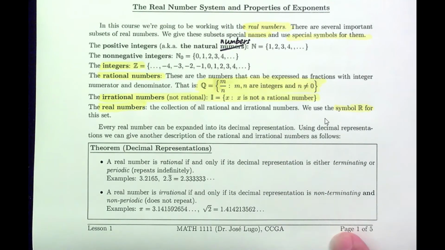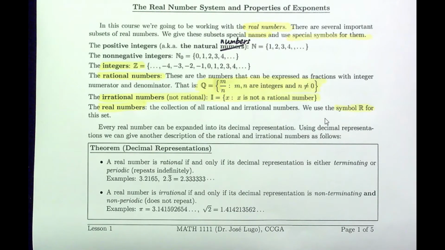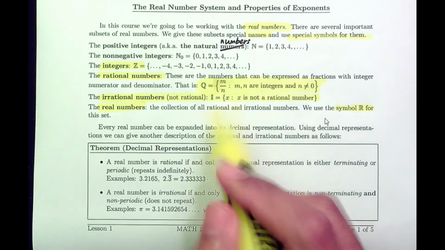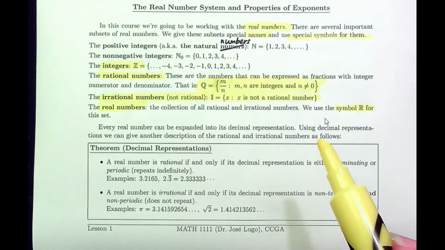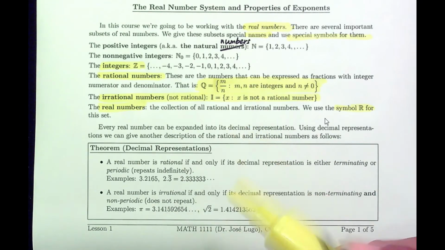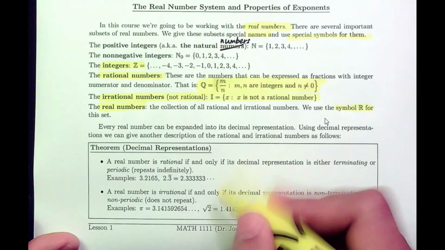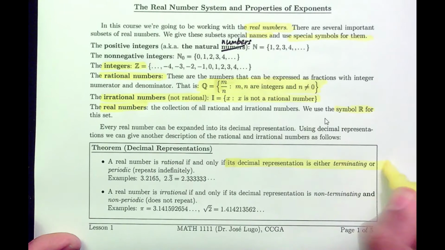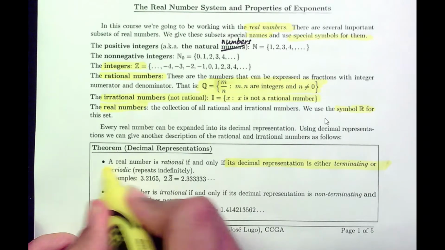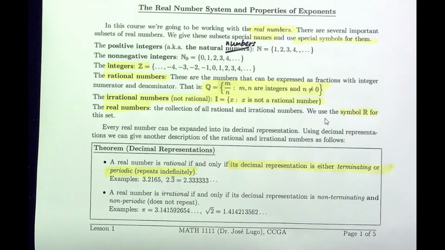Now, a quick reminder that the rational numbers are not only the ones that can be written as a fraction m over n, where both the top and the bottom are integers and the bottom is not zero, but there's another way of defining rational numbers. It's like a characterization. A rational number is just a real number for which the decimal representation is either terminating, meaning it stops, or it doesn't stop but repeats.